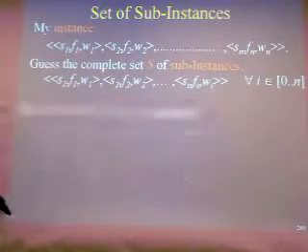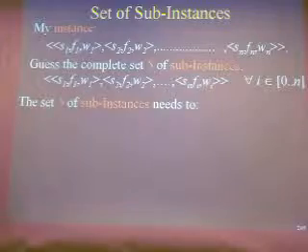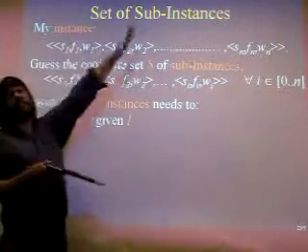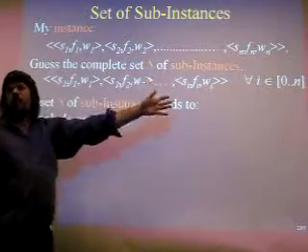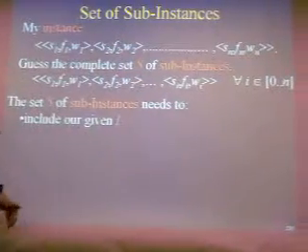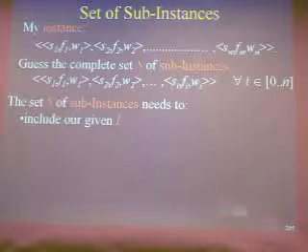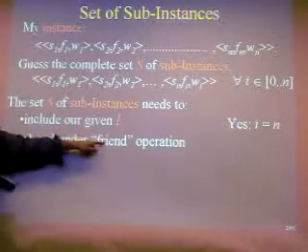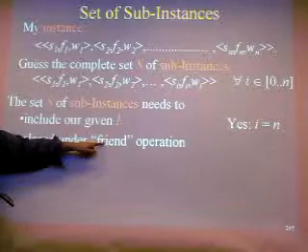So what does our set of subinstances need? Well, it needs to include our instance, which is clearly there, because the full set is a prefix of itself. Now, this is the hard part. This is the crux of the algorithm: to prove that this is closed under the friend operation.